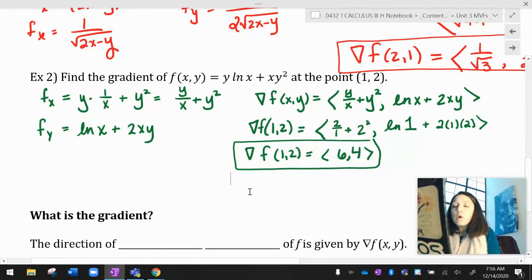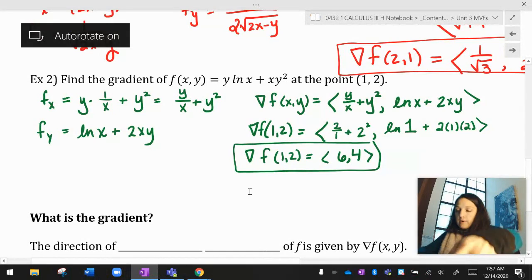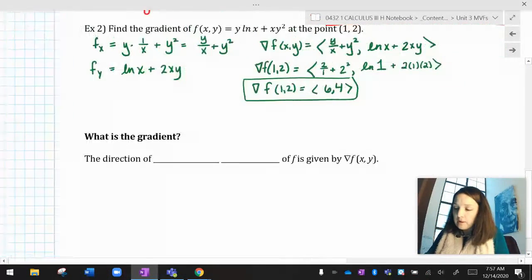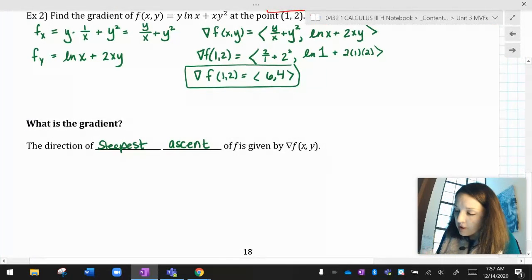All right, so then what is the gradient? Again, it's worth repeating because it's going to come up and be important later. The direction of steepest ascent is given by the gradient of f at (x, y), and that really is just f sub x, comma, f sub y.